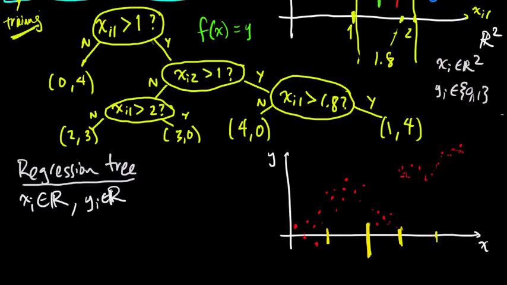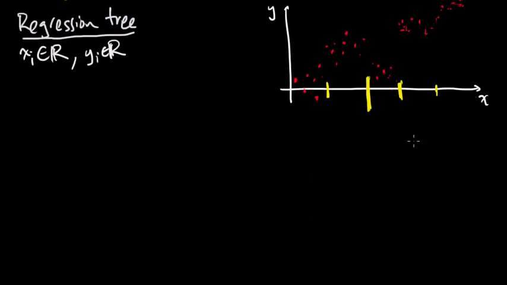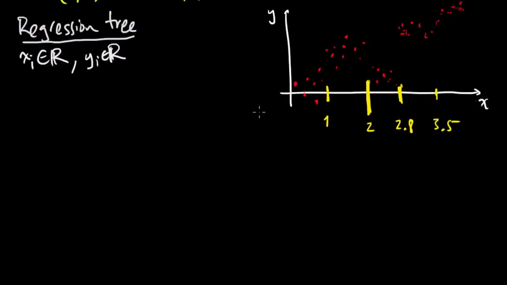So this defines a tree, just like before. Let's say this is 1, just to make our life simple, this is 2, maybe this is 2.8, maybe this is 3.5 or something. What's the tree that corresponds to this?